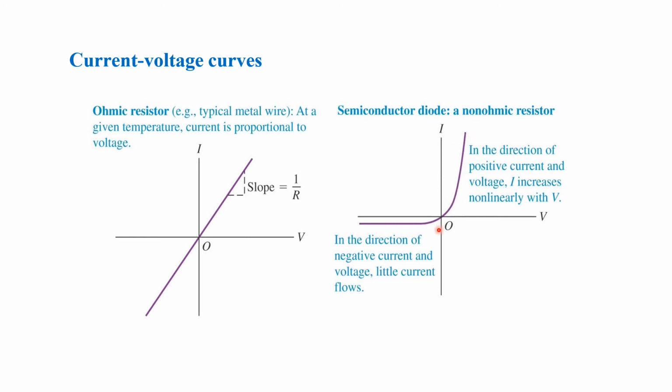In the direction of a negative current and voltage, there is little current flow. This area here is what you call your forward bias, and this area here is what you call your reverse bias. We are going to discuss more about this graph in the next lessons.